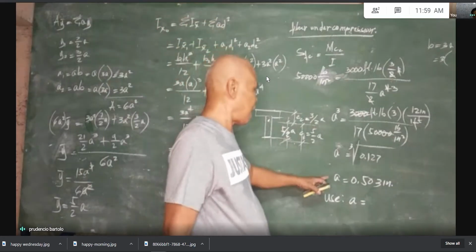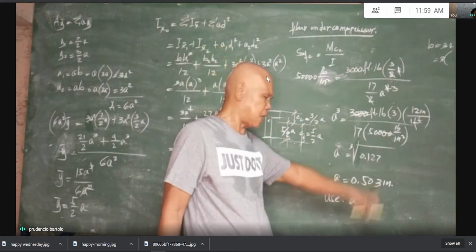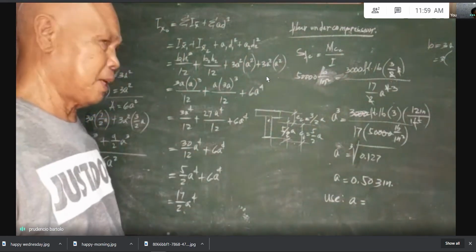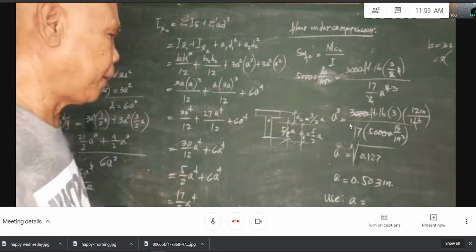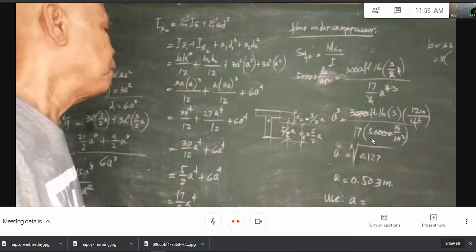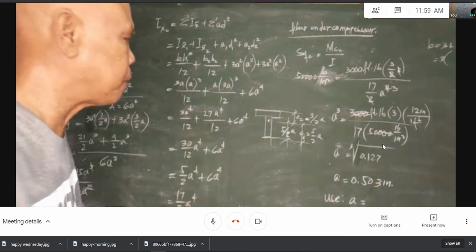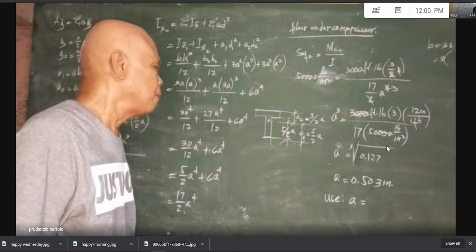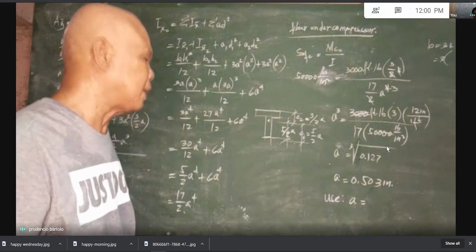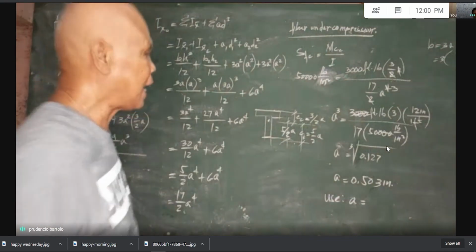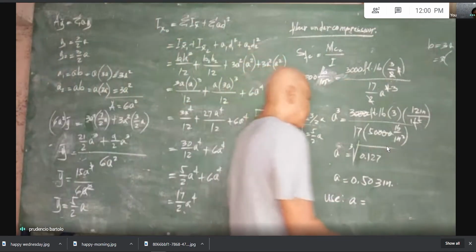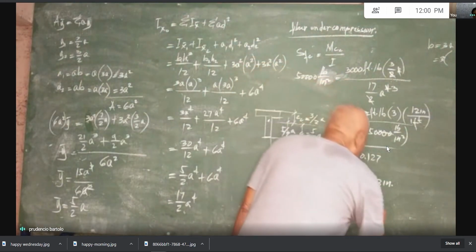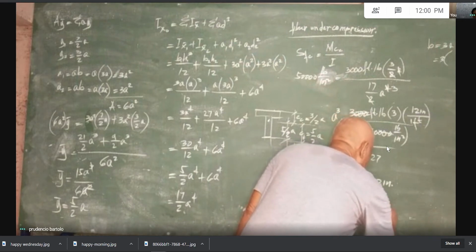So we have here A equal to 0.503 within the range of 3/16 to 7/8. Lower value is 0.5. So that is 0.503 subtracting 0.5. That will give us 0.003 divided by 0.503 multiplied by 100 will give us less than 5%. So we use the lower value of 1/2.